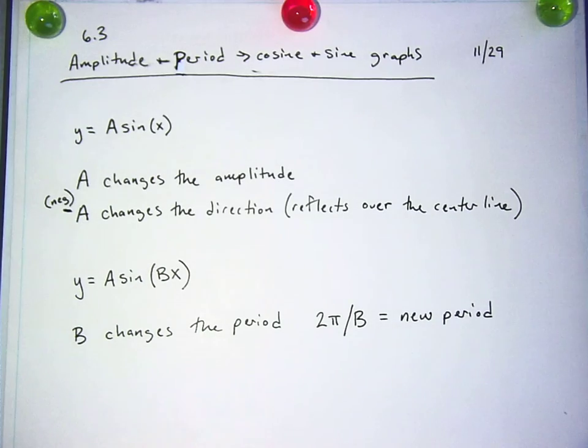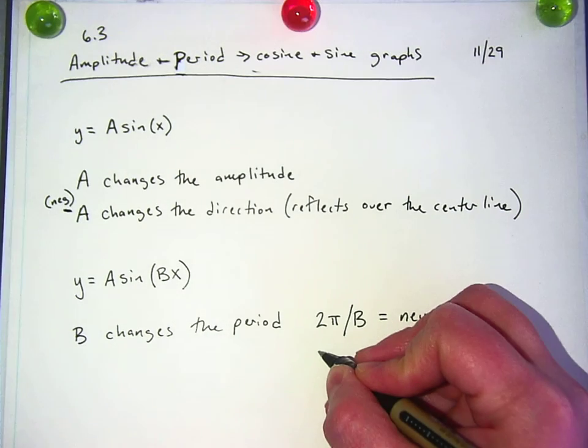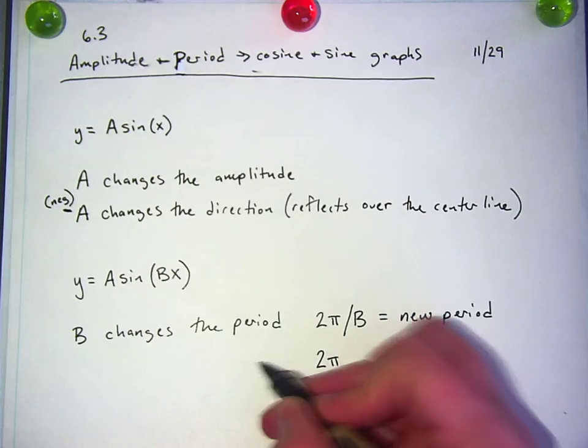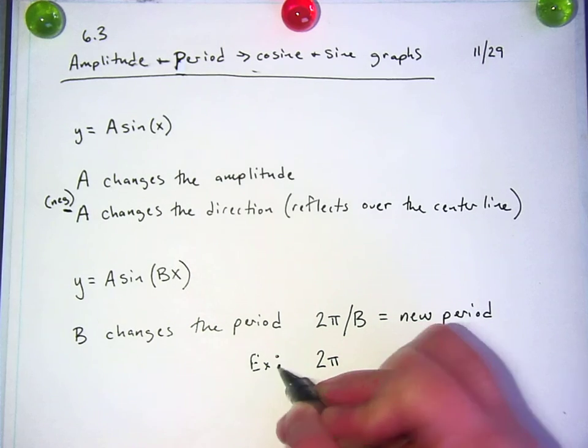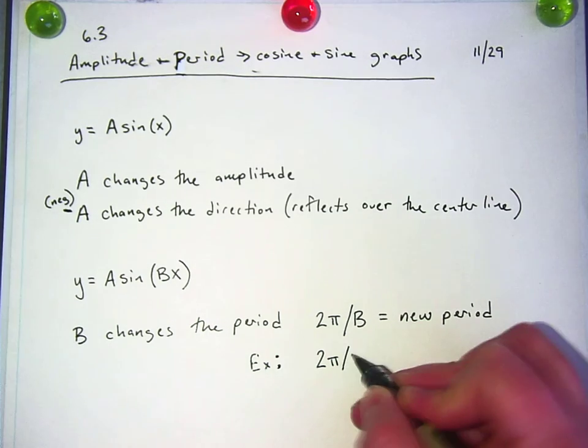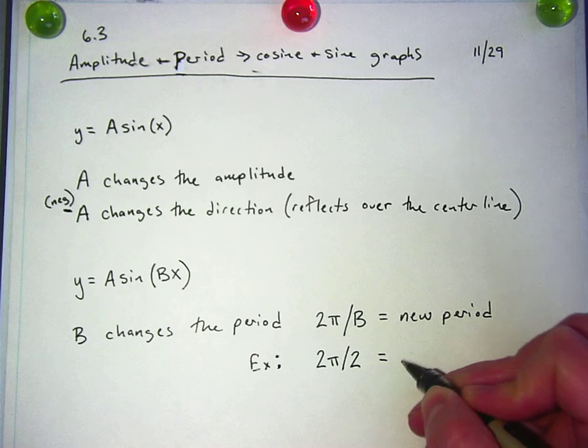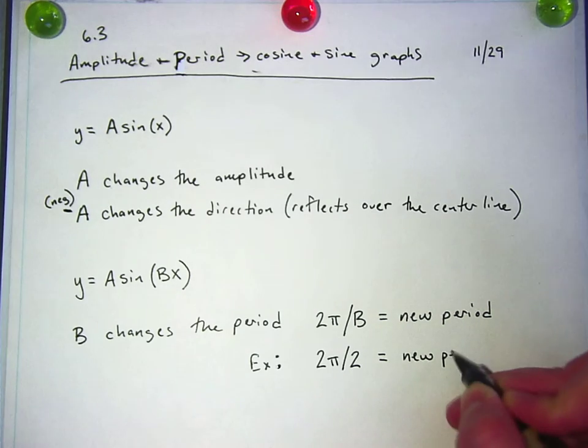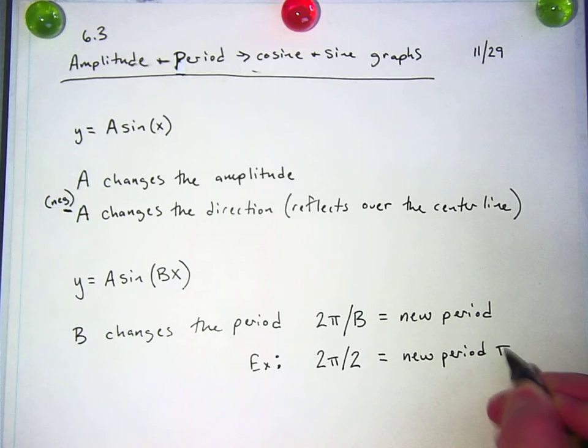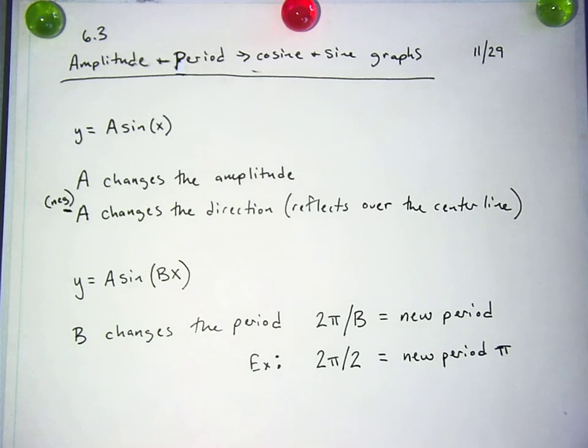For example, let's say you had 2 pi and you divided by 2, then the new period is going to be pi. That means that it's going to rotate once every pi.